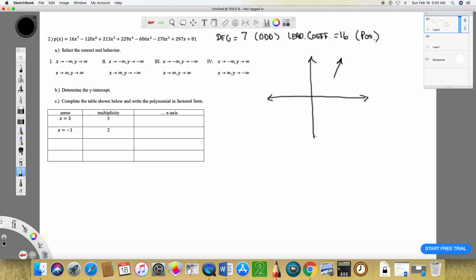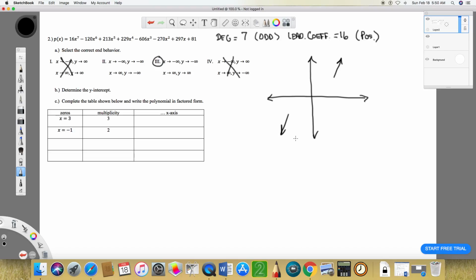And since the degree is odd, the end behavior is going in opposite directions. The signs on infinity won't be the same, they'll be opposite in sign. As you move to the right, it's going up. As you move to the left, it's going down. So it has to be case 3.